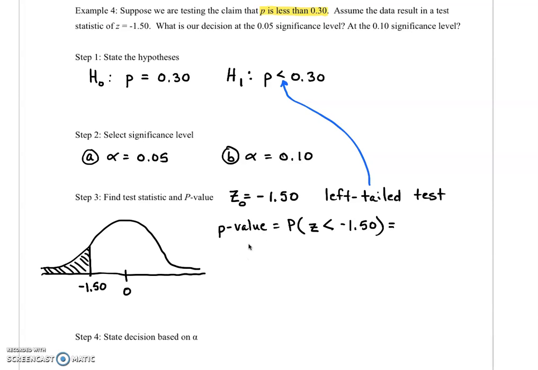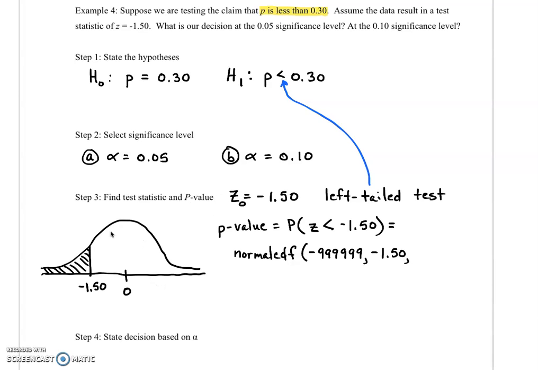So in the calculator, remember, it's normal CDF, and we do the lower boundary, which since it goes all the way to the left is negative a bunch of 9s. Our upper boundary is negative 1.50.